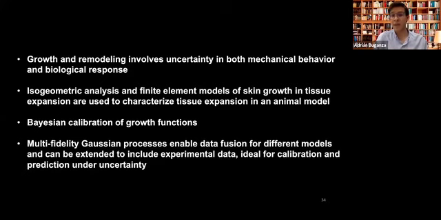Second, that we use isogeometric analysis and finite element models of skin growth in tissue expansion to characterize this animal model. That we use Bayesian calibration for the growth functions, and that we have a multi-fidelity Gaussian process scheme that enables data fusion from different models and can be extended to include experimental data. And this is ideal for the calibration problem under uncertainty and the prediction under uncertainty.